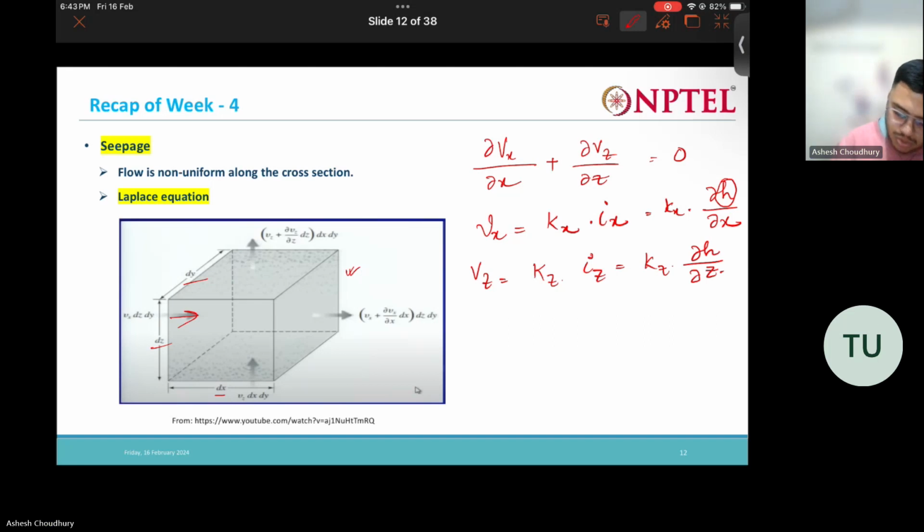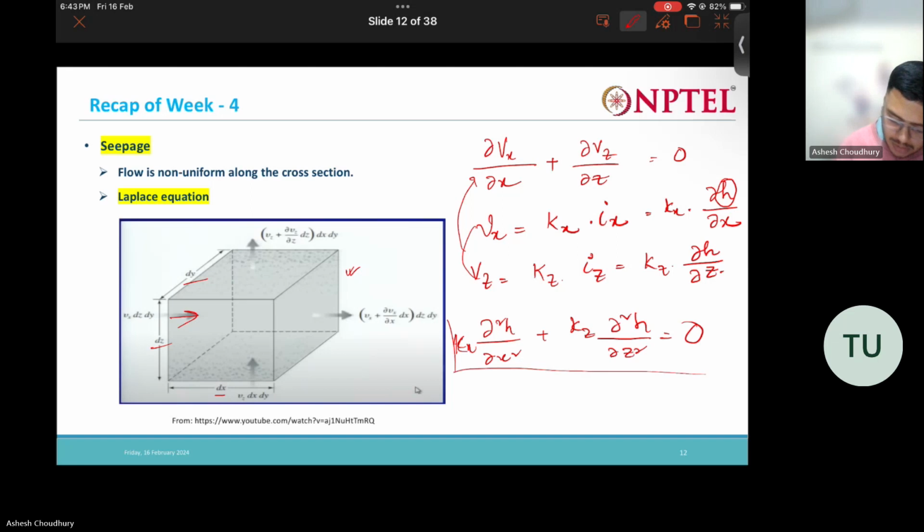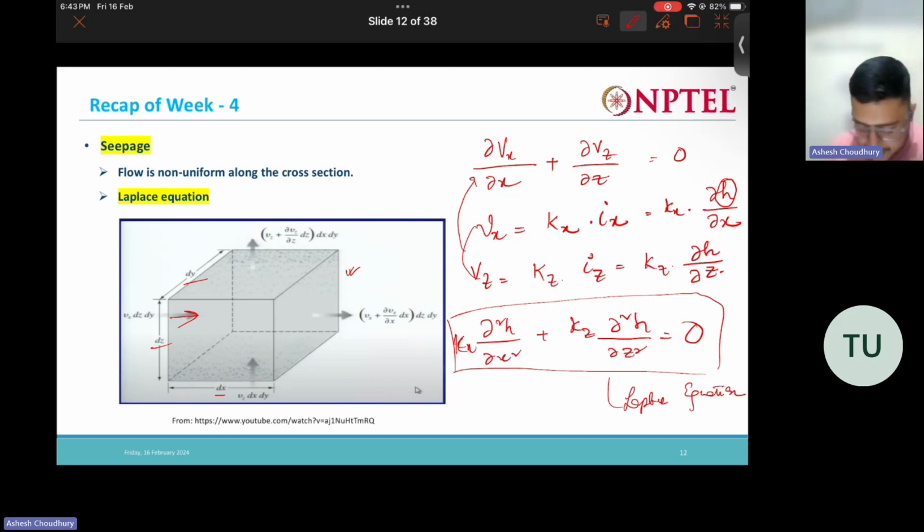So now if we put this here, what we will get is the Laplace equation.